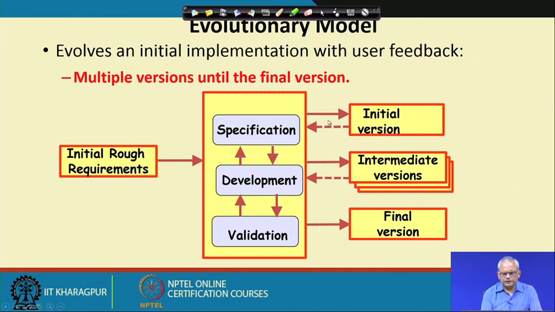The core is deployed and the dotted arrow shows feedback obtained, and again the iteration occurs. Successive versions are deployed at the customer site, feedback obtained, and the iterations go on until the final version is deployed at the customer site.